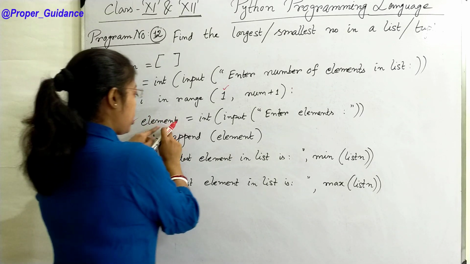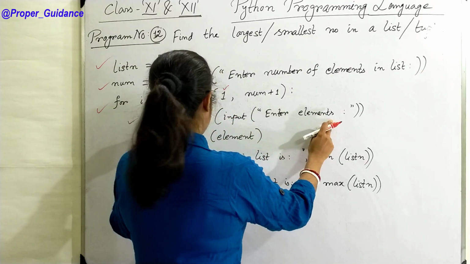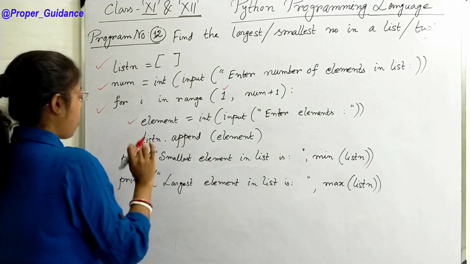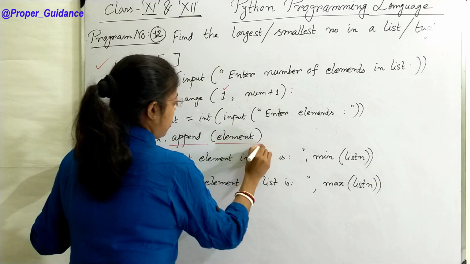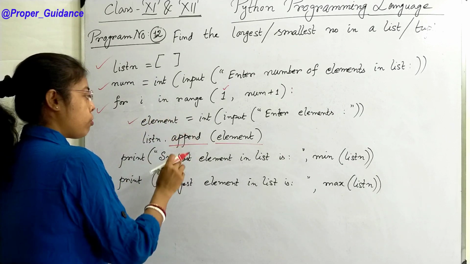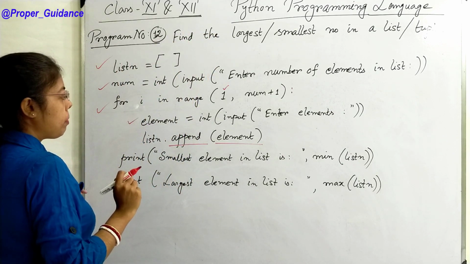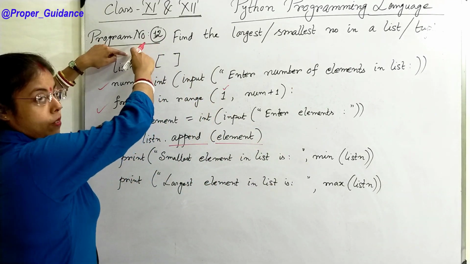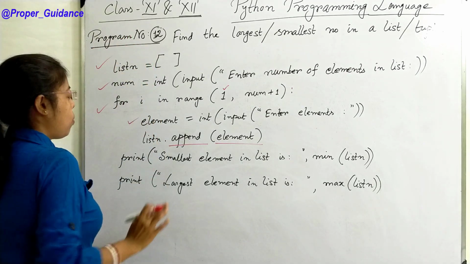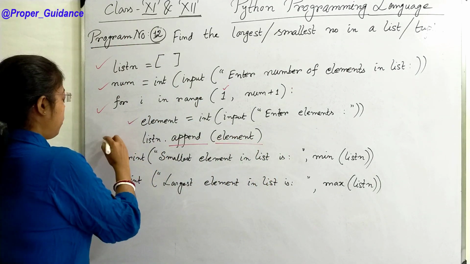Another variable named element, and what it does here, it will take input: enter elements. And after that, list_in dot append(element). Append is also an inbuilt method used in the Python programming language to append elements in a list. Clear? So this is the new thing we are doing here today.